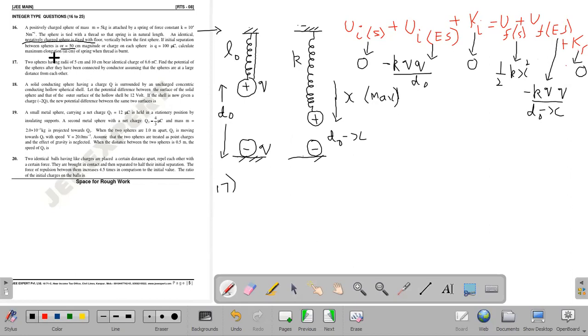This particular question has two spheres of radii 5 and 10 centimeters, and they are very far away. The distance between them is large and they are connected by a conducting wire. This is a very well-known question.